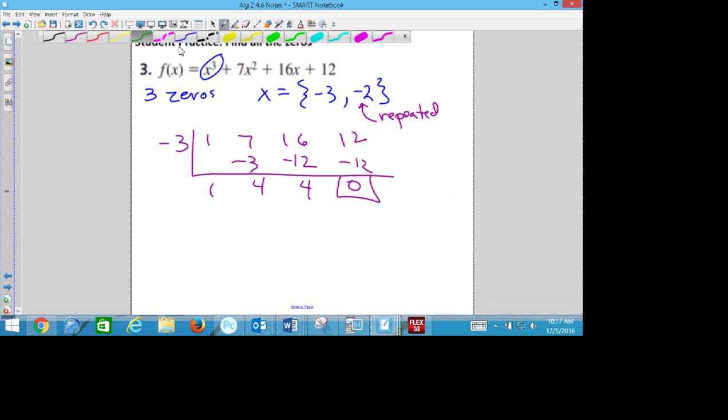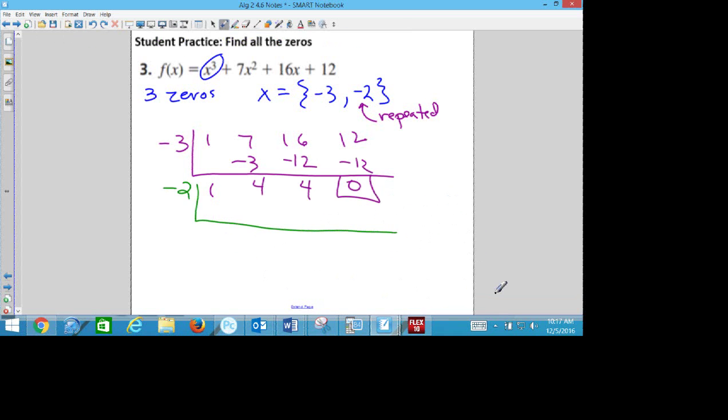So we'll take out -2 next. And that one worked. So then I'll try -2 again, because we thought maybe that was a repeated solution.